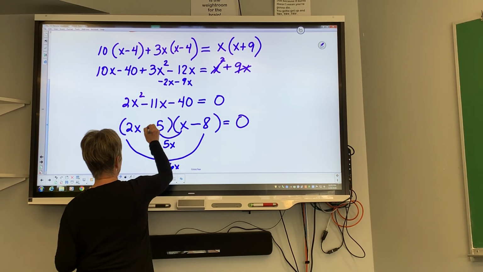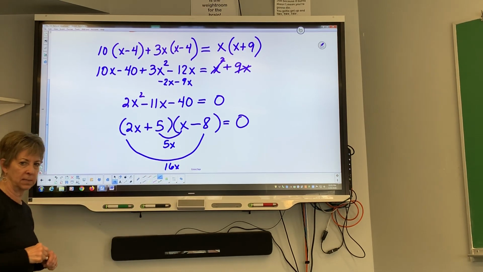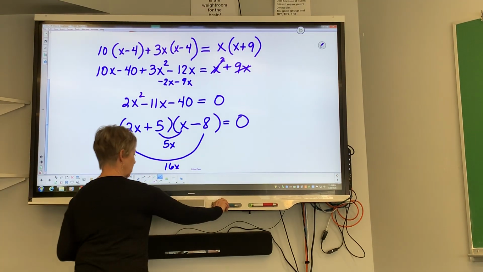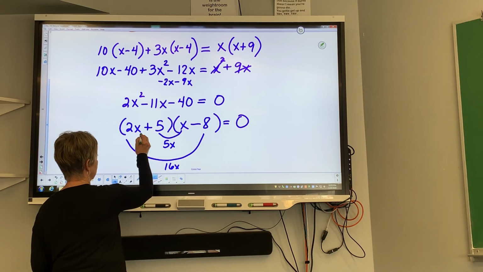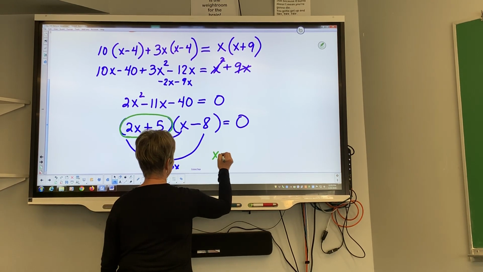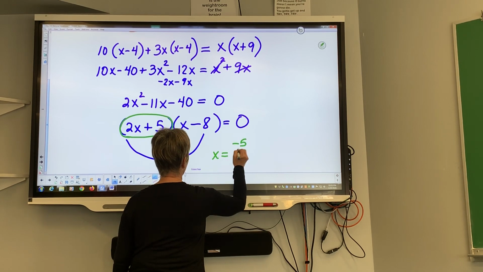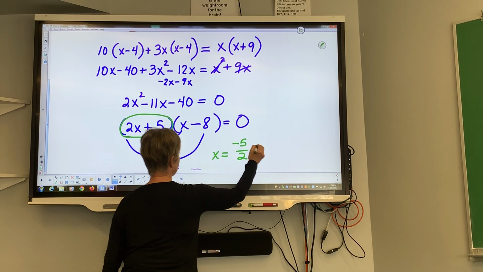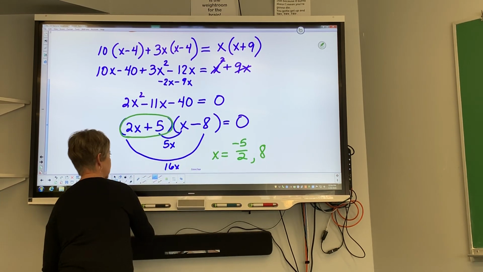So that's going to have to be negative and that's going to have to be positive. Okay? So what does that tell me my solutions are? What makes this factor equal to 0? Negative 5 halves, and this one is positive 8.